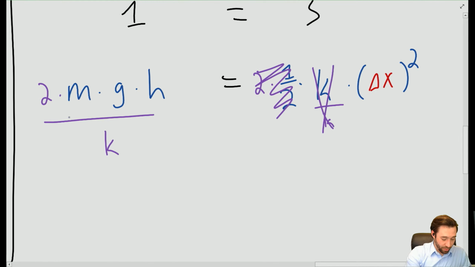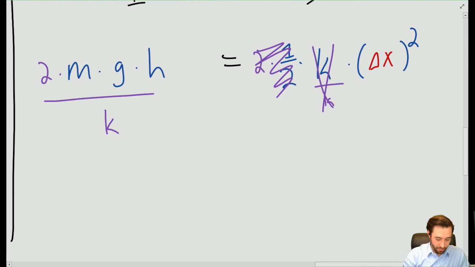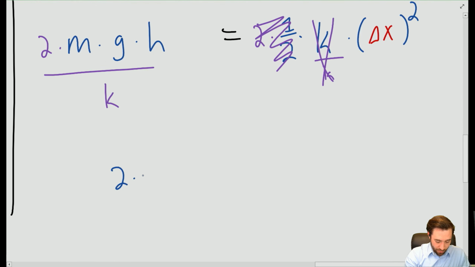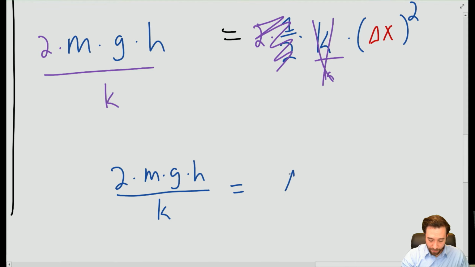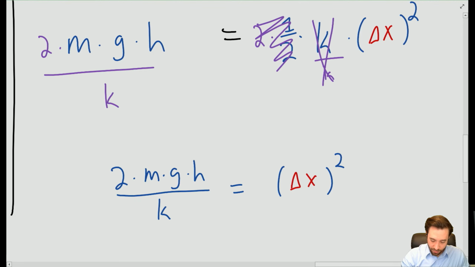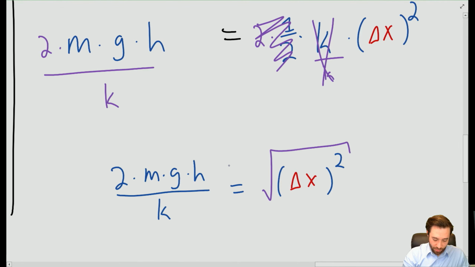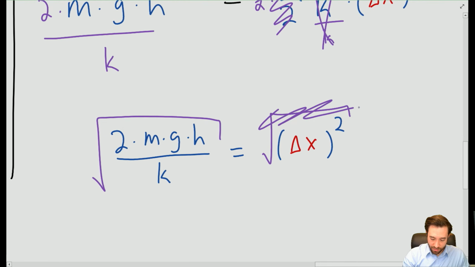And I'm going to rewrite all of this. It's a little bit cleaner. So I have 2 times the mass times acceleration due to gravity times the height all over my spring constant, and that equals my delta x squared. In order to get rid of the square, I square root. Cross that out.